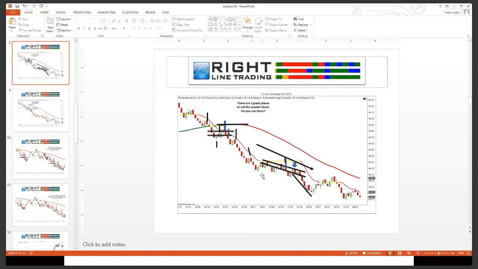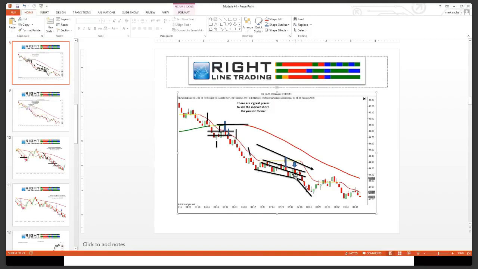In fact, if anything, what we have here is a series of lower lows. I can't do it exactly, but you can see that the market's weakening, that the bears are clearly running the market here. So what we're doing is we're adding a layer of sophistication onto our trading.